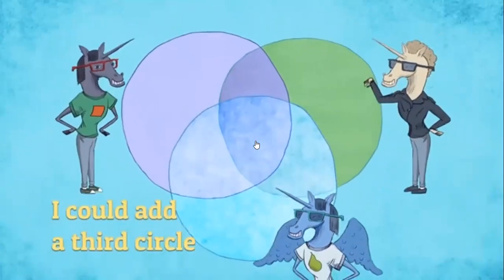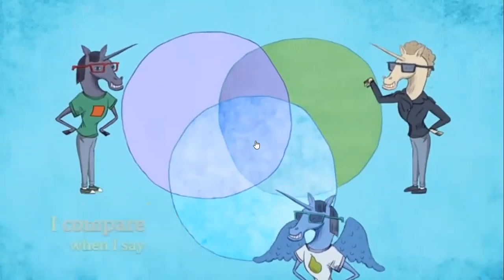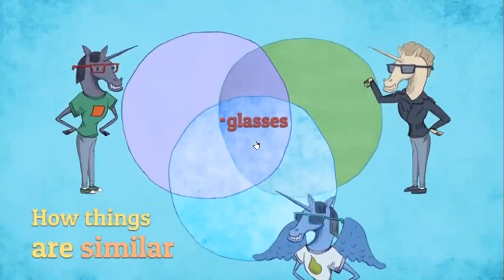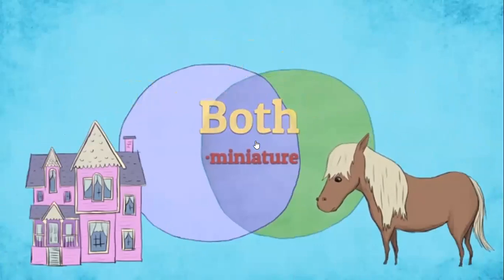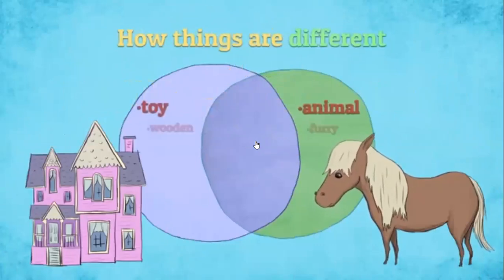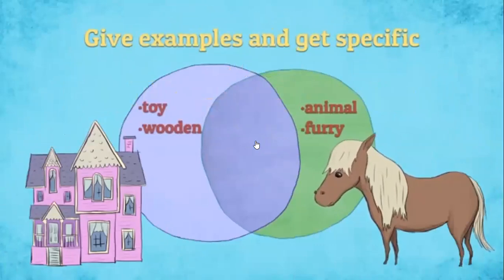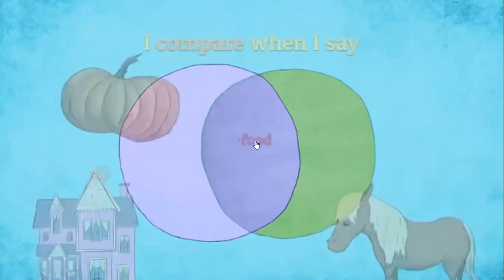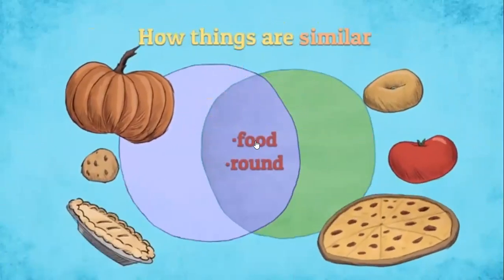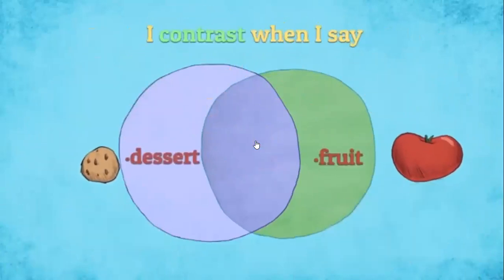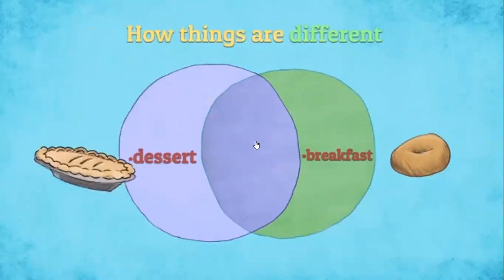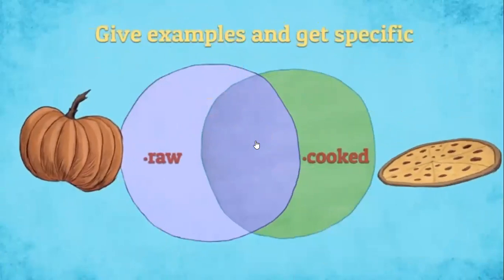I could add a 3rd circle, so then let's get it in. I compare when I say how things are similar, like doll houses and ponies, both miniature. I contrast when I say how things are different, give examples and get specific. You get it?